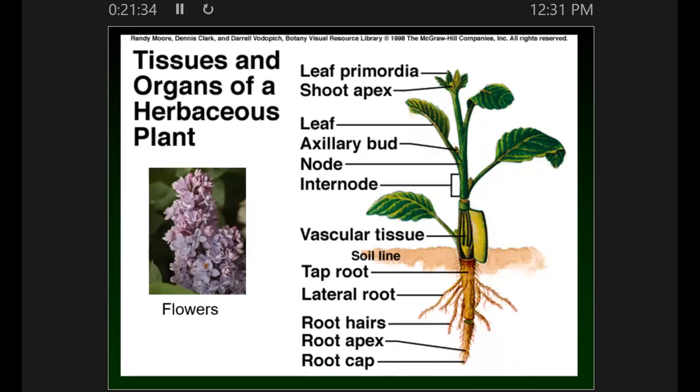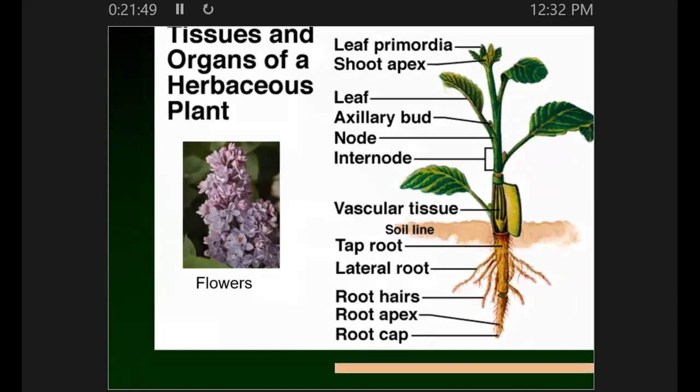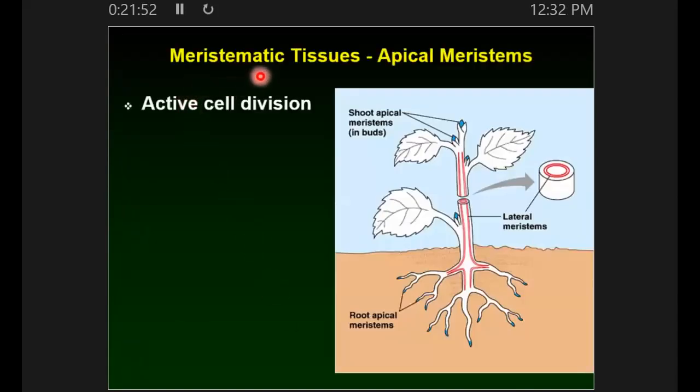Very active growth. So those are very precious cells. And you know, if the plant gets that part of its body damaged, it can cause some problems. It's not the end of the world, but it can cause some problems. So those clusters of cells, here's the actual word for it, meristematic tissue.